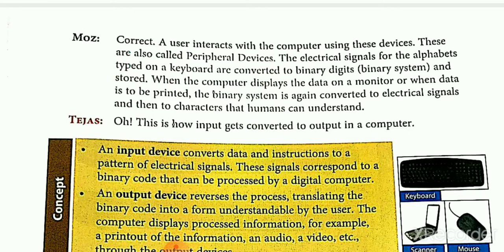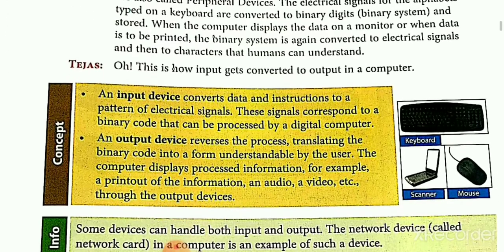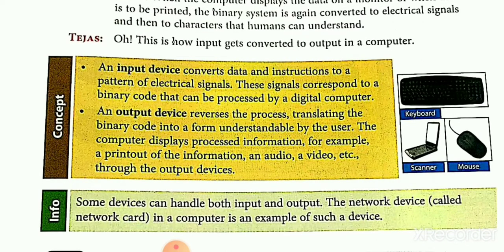It's a form of binary digits. When the computer displays the data on the monitor or when data is to be printed, the binary code is again converted to electrical signals. Now move to our next topic, input devices.